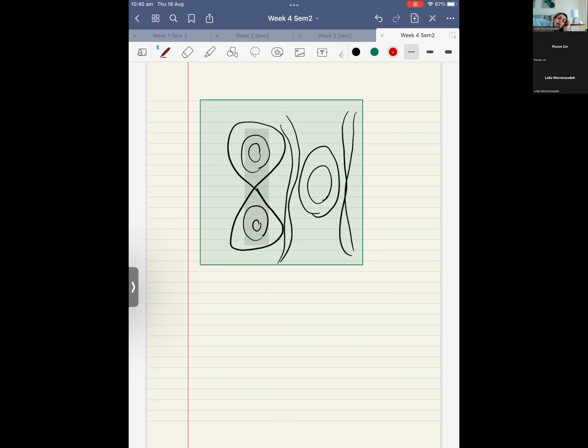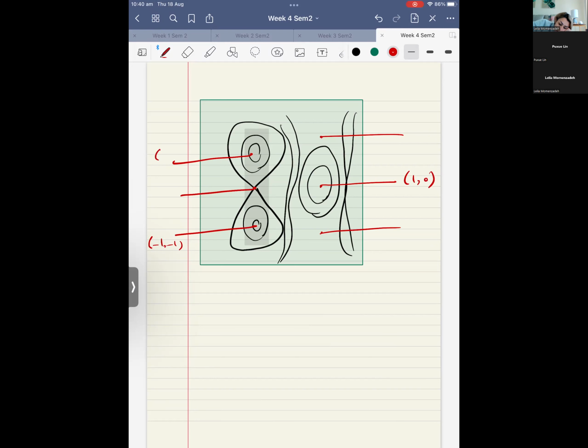Okay, you have 6 points. This point, this point, this, this, this, and this point. You know here, this one, if I show you in the graph, would be 1 and 0. This one would be -1 and -1.